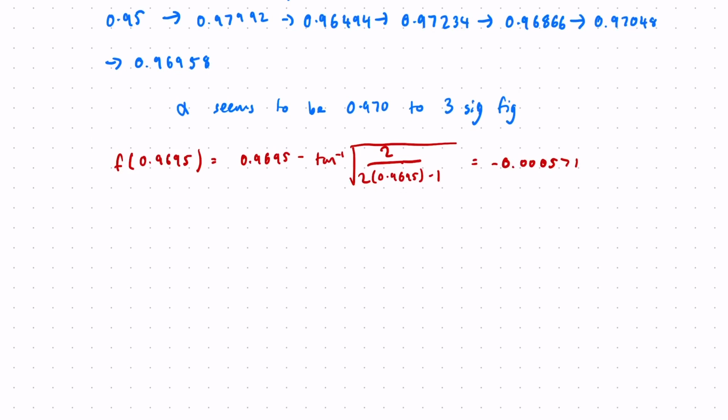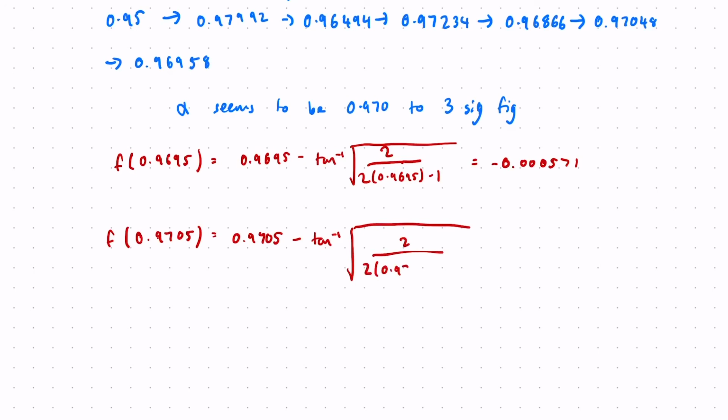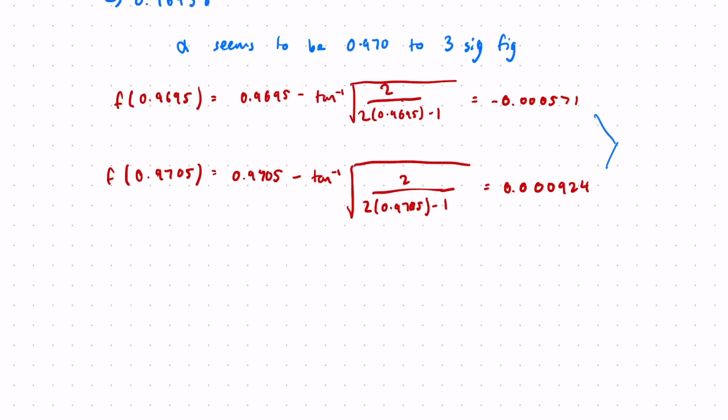And then f of the upper bound, which is 0.9705, is equal to 0.9705 minus inverse tan root 2 over 2 lots of 0.9705 minus 1, which gives me a solution of 0.000924. Again, we have this change of sign situation, which indicates the presence of a root.